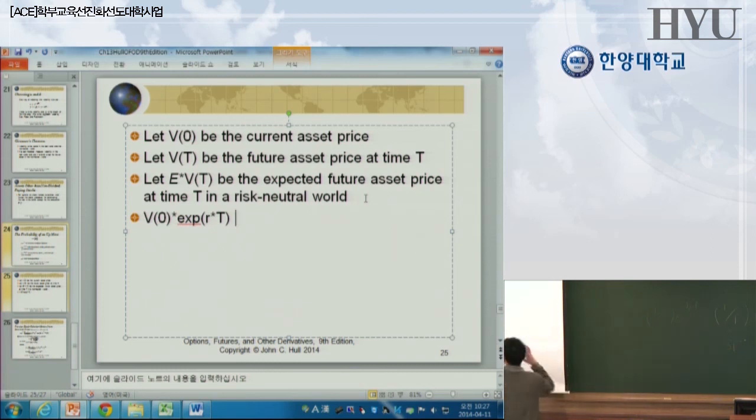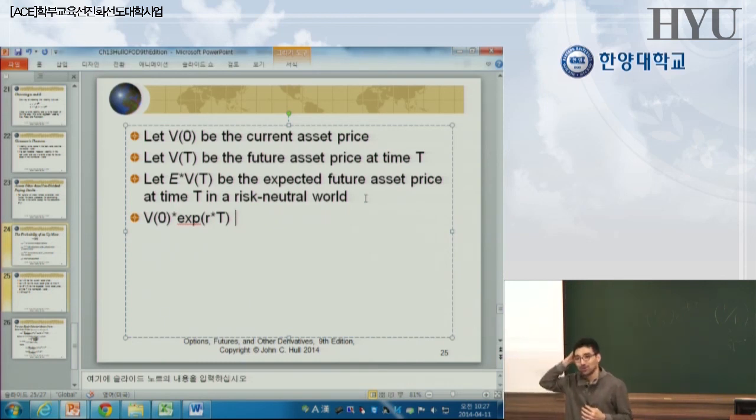So instead of buying the stock or asset, you put that money into the bank. The bank pays the risk-free rate R, so that money will grow: the current stock price multiplied by e to the R times T later.